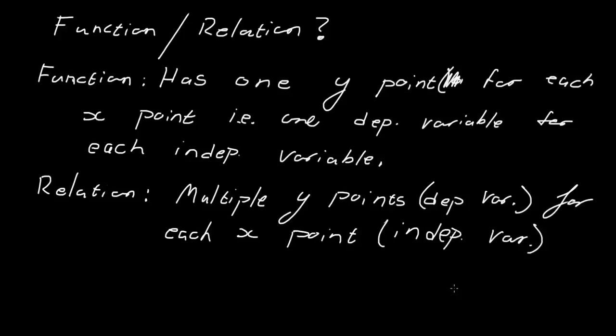Okay, so a function has one y point for each x point, or one dependent variable for each independent variable. A relation has multiple y points or dependent variables for each x point or independent variable.